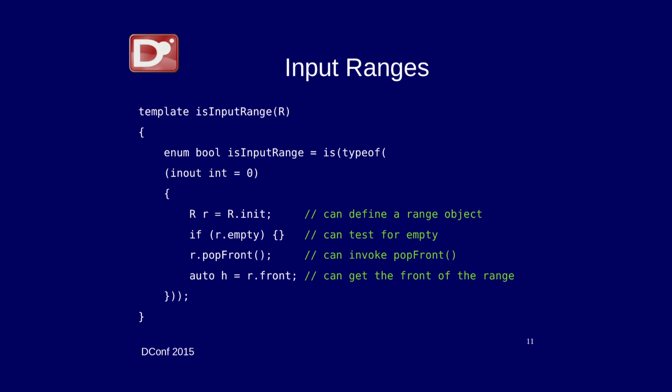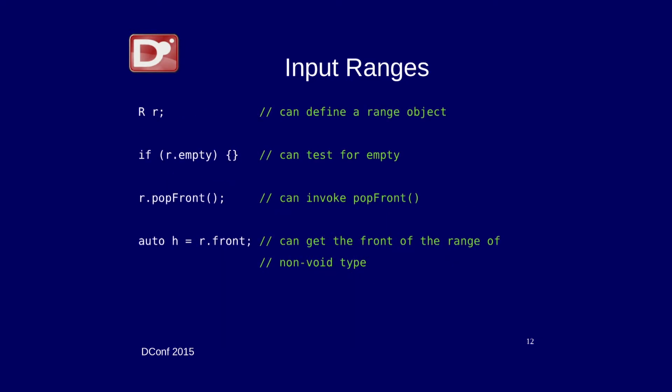And this particular template, isInputRange, is what is used to determine whether a type qualifies as an input range. So there's a piece of code in the middle there that basically has to compile for this to work, and there's some extra muck around it you probably don't want to worry about. So the simplified version thereof is this. So you have to be able to declare one, basically. It has to have an empty member that indicates whether or not the range is empty, because that's going to be used for determining whether you're done iterating over it.